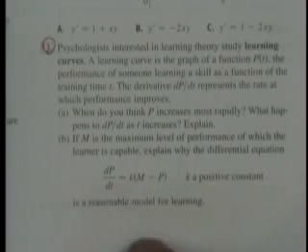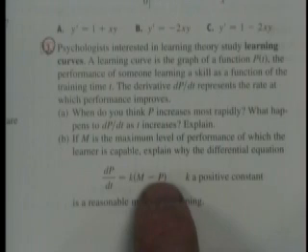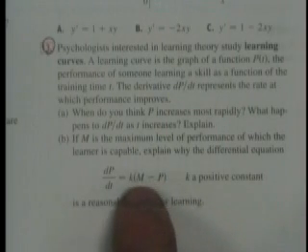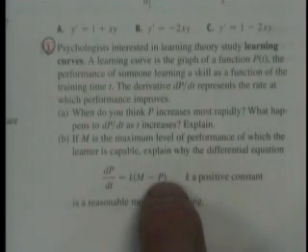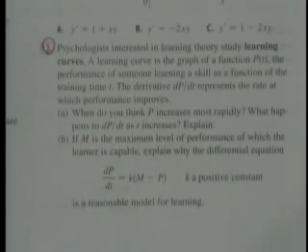Well, the two things we said were, one, dP/dt should be largest initially, so when P is as small as it gets, that should be the largest. So if M is my max and P is as small as possible, then this factor is going to be as big as possible. So that means the rate at which I'm learning is going to be as big as it gets.